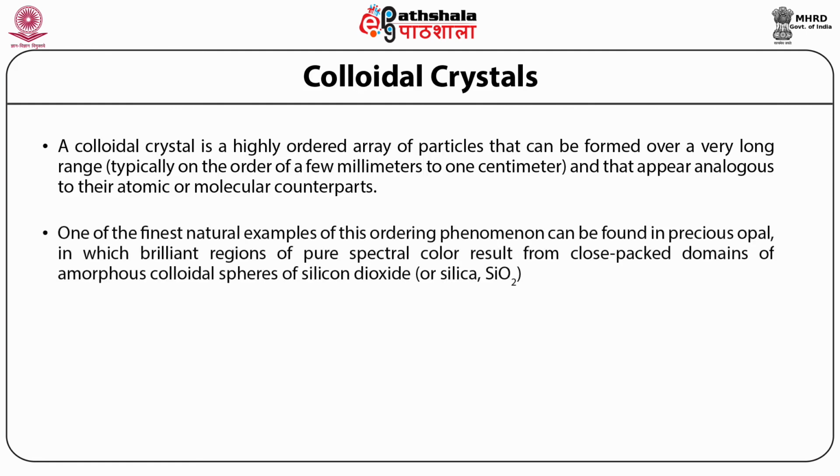One of the finest natural examples of this ordering phenomenon can be found in precious opals, in which brilliant regions of pure spectral color result from close packed domains of amorphous colloidal spheres of silicon dioxide.